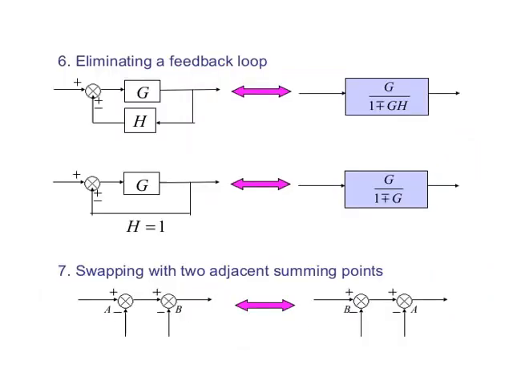Now we will see rule number 6. Rule number 6 is eliminating a feedback loop. We have seen this rule. What is elimination of a feedback loop? Here you can check that this is a forward path and this is a feedback path.